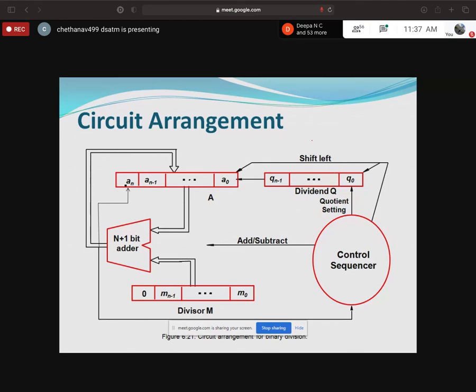If I explain this circuit right now, you will not understand anything except the two data, the dividend and the divisor. So we will solve one or two problems, then come back to the circuit arrangement. Then it will be very easy for you to understand what the circuit is all about. I hope you are clear.